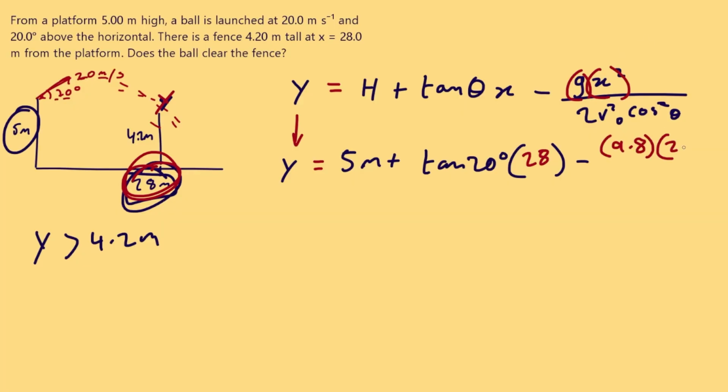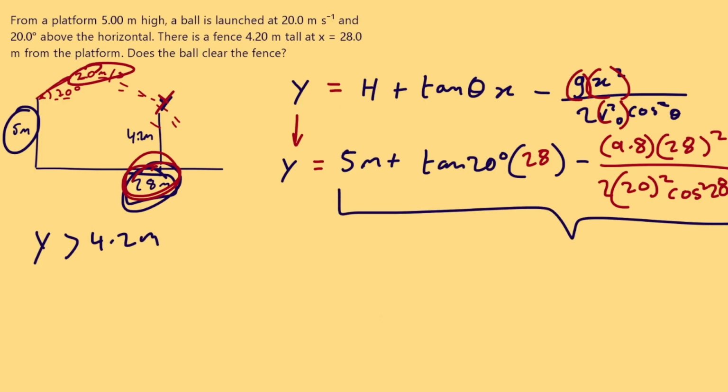X squared would be 28 squared, divided by 2, multiplied by initial velocity squared, which is 20 squared, cosine squared 20 degrees. This looks like a lot of stuff. We have done a lot of math, but now all we do is solve. You can put this into a calculator, and your answer is going to be 4.31 meters.